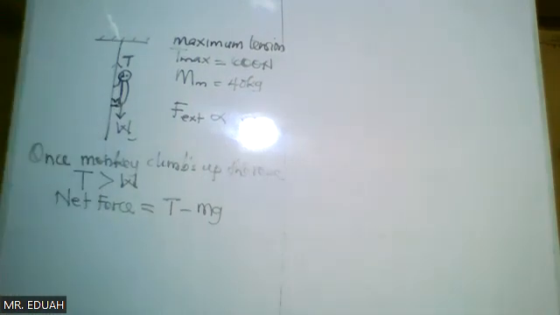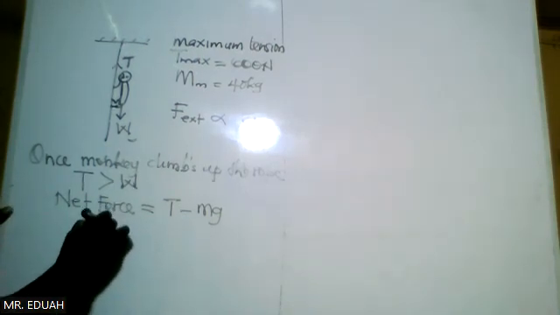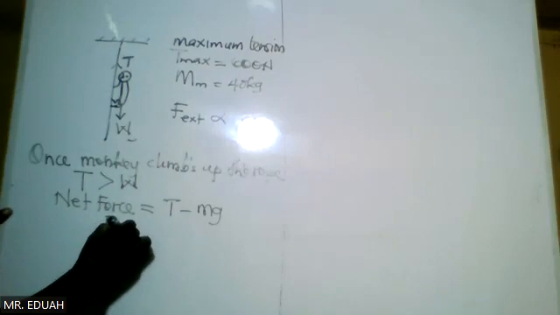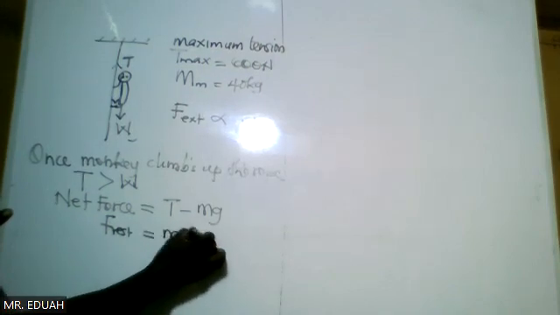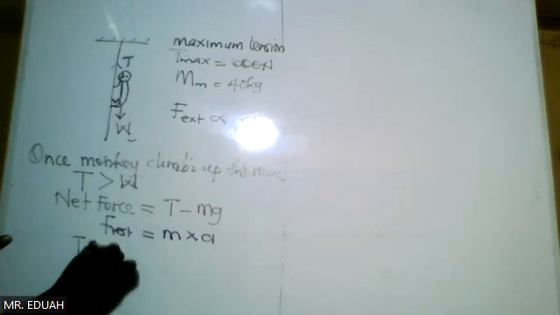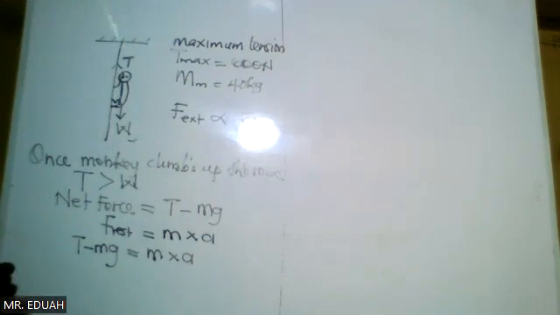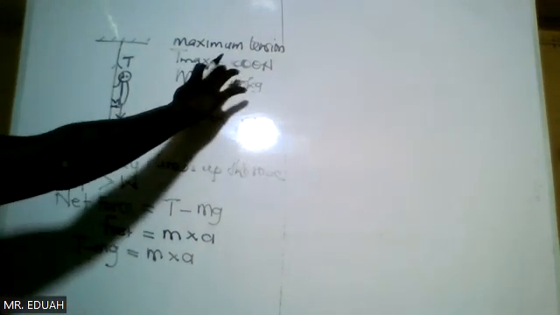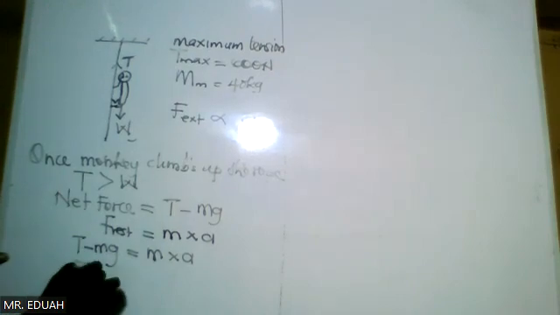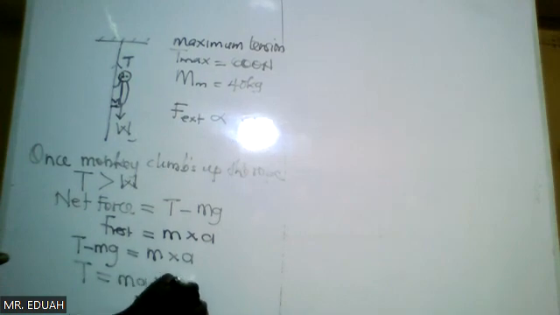All right. So if the net force is this, then Newton is saying every resultant or net force is equal to mass times acceleration. So we equate the resultant or the net force to this. So T minus mg would be equal to m times a. So that we are looking for the tension and compare it with the maximum tension in a string. So T therefore will be equal to mg plus ma.